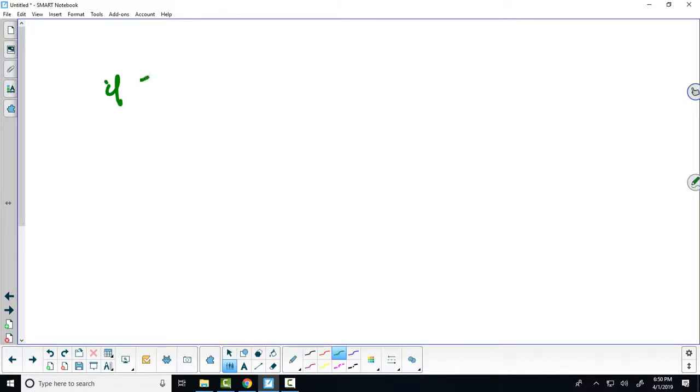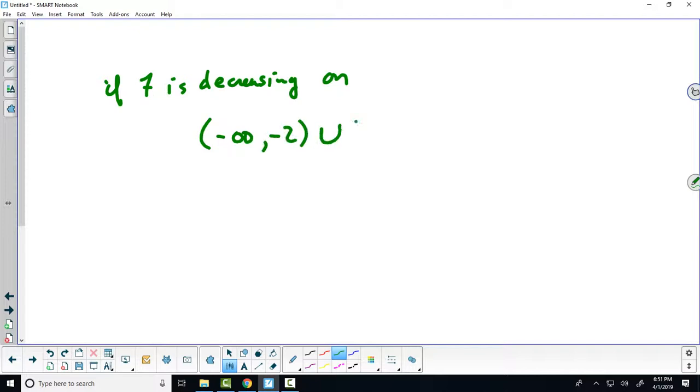If you say that f is decreasing on, say, -infinity to -2, unioned with -2 to, say, 7, and the function is defined, and f prime of -2 exists, if it's differentiable there, so it might be 0 there.